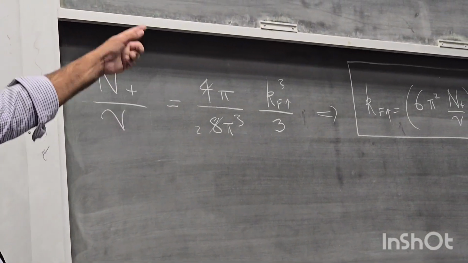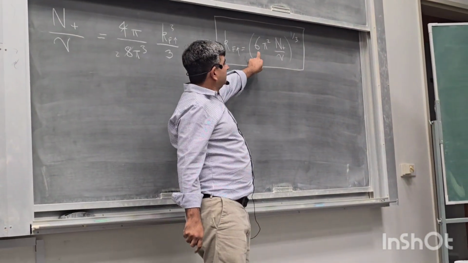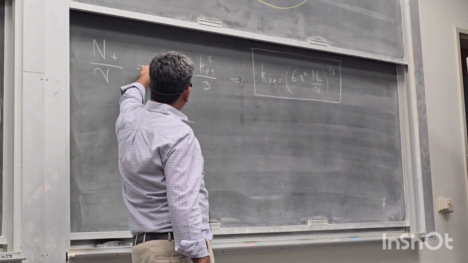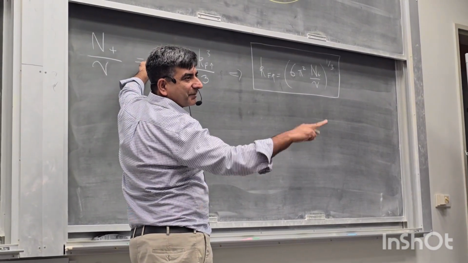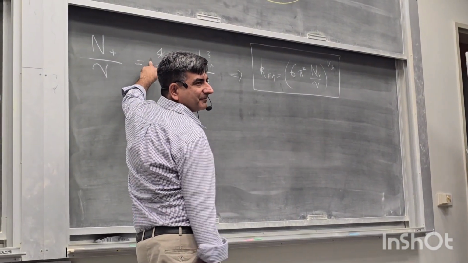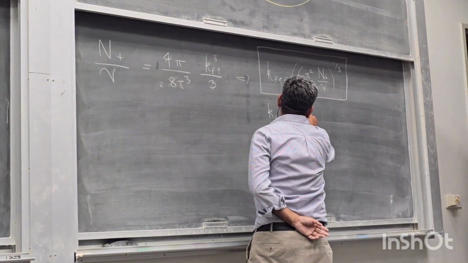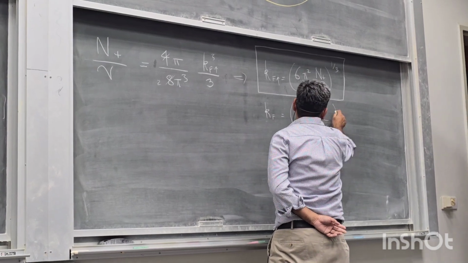If you were to repeat this calculation for the anti-aligned case, you get a factor of 3 here. That's basically because you have a factor of 2 here, because there are 2 kinds of spins. So kF is 3 pi square n over V to the power 1 by 3.